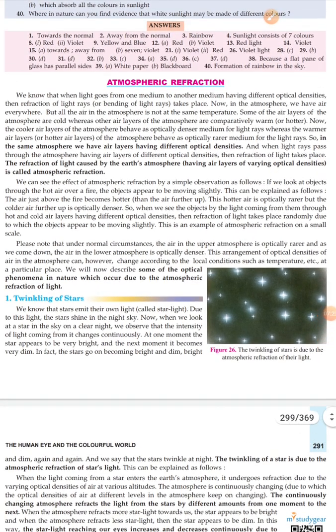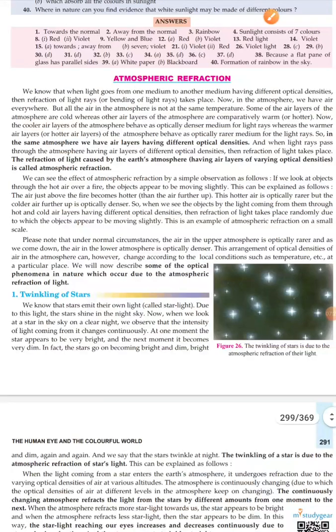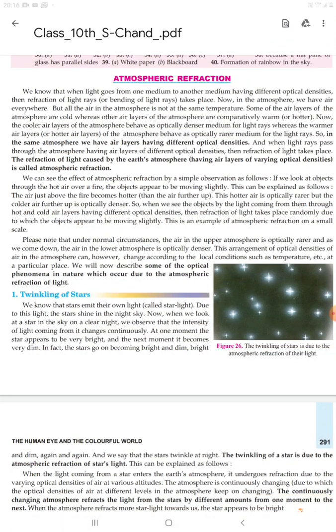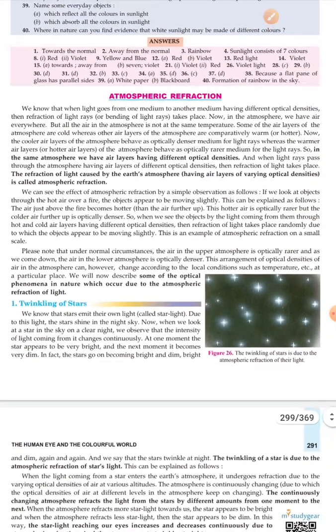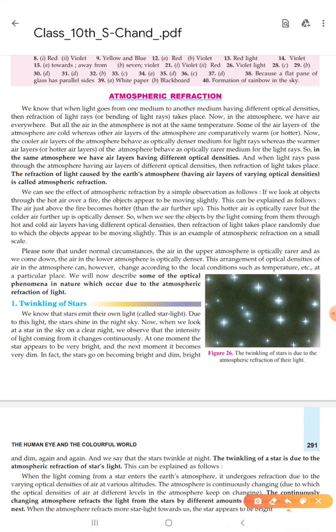Now dear students, we are discussing refraction, so this is another one. This is atmospheric refraction. We know that in the atmosphere we have air layers having different optical densities.